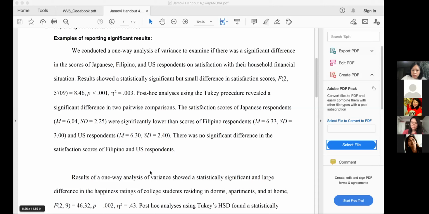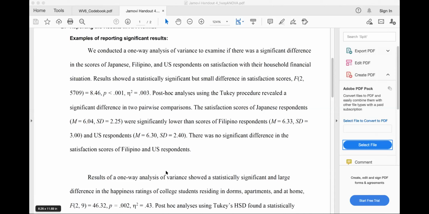So the F test is the first number. Wait. So you're asking Mika where to get it from the table? Yeah, the DF, ma'am, because I got confused.